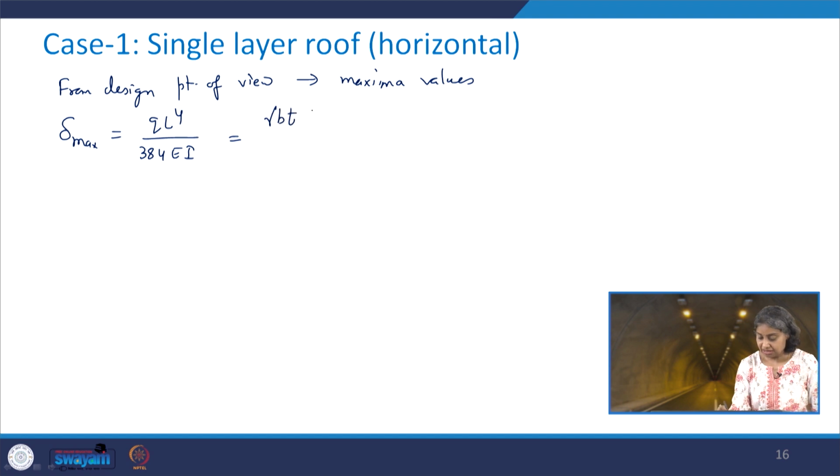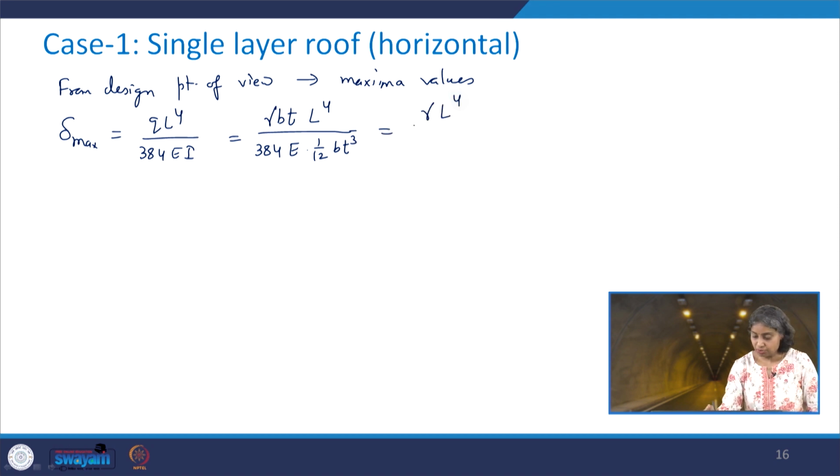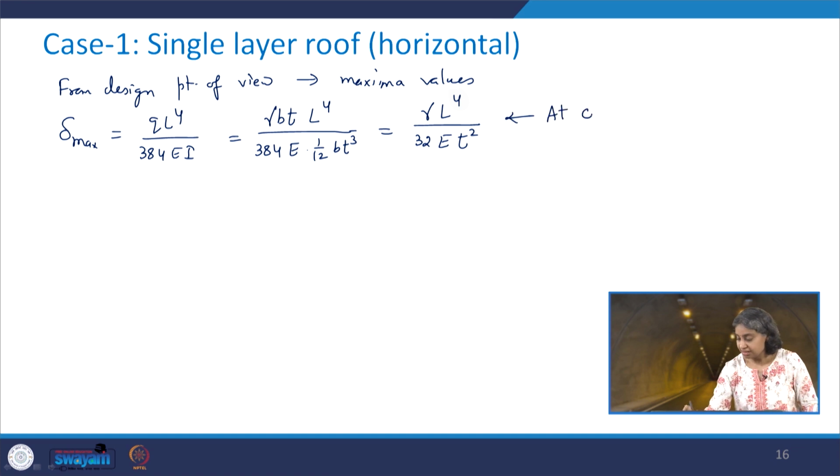Gamma BT L to the power 4 upon 384 E into 1 by 12 BT cube. So, what we are going to get is gamma L to the power 4 upon 32 E T square. And this is going to be at the center of the beam.